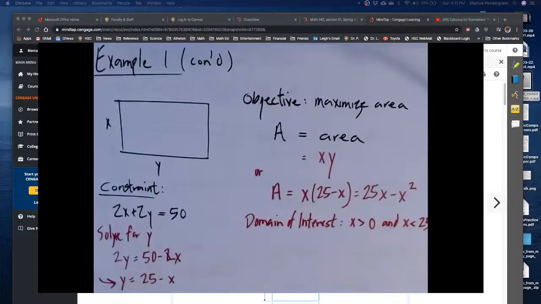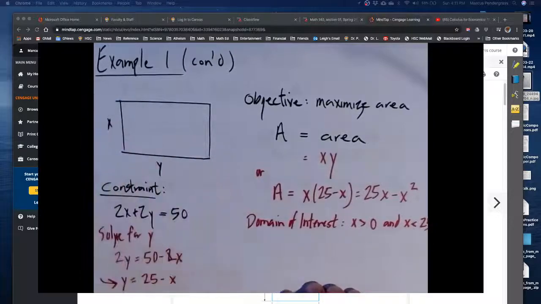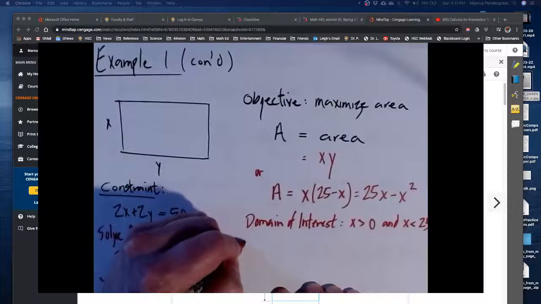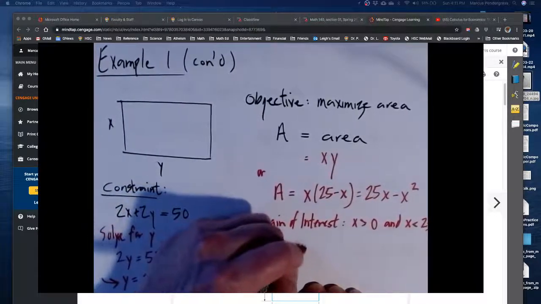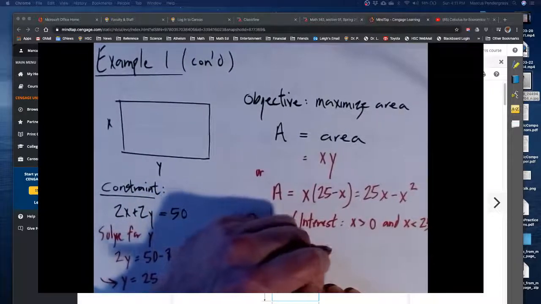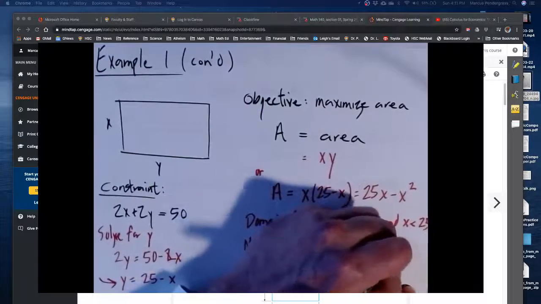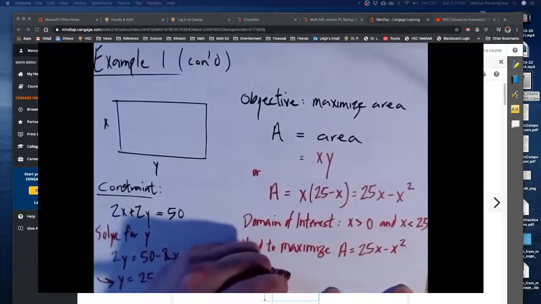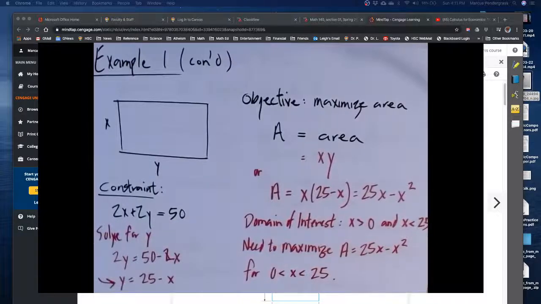Okay, so now we can restate the problem purely in mathematical terms, but tied to the practical realities that the problem imposes. So we want to maximize A equal 25x minus x squared for values of x that run between 0 and 25.